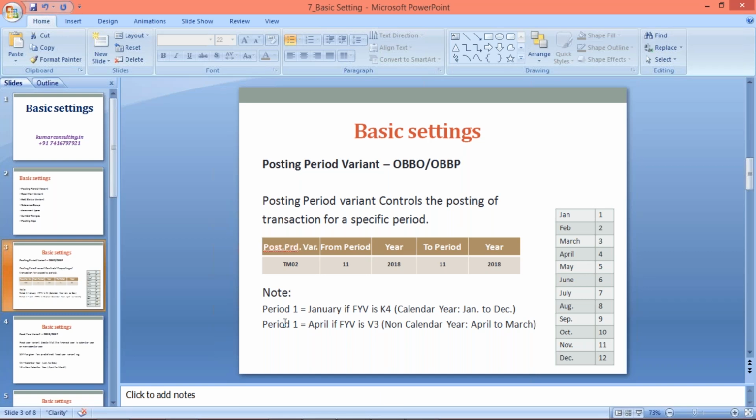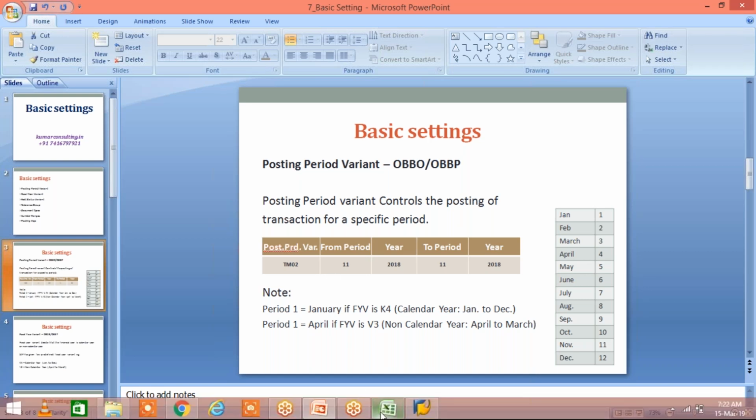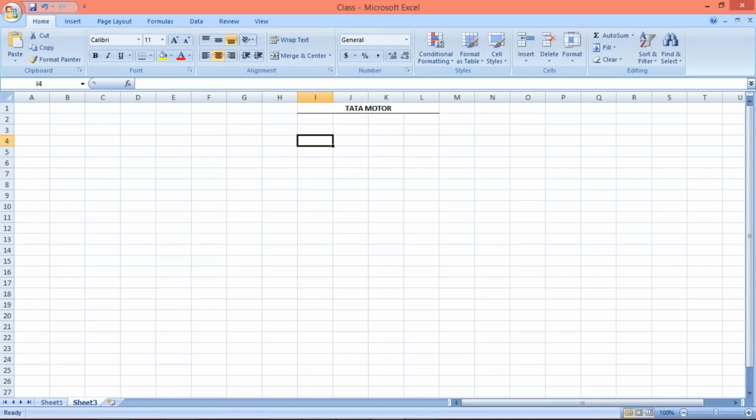Now, for example, I'll tell you. Say, for example, Tata Motors is there, and if they are still maintaining registers and all, or using any small ERPs and all.